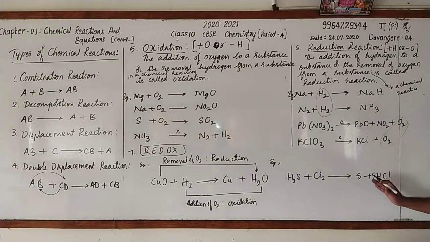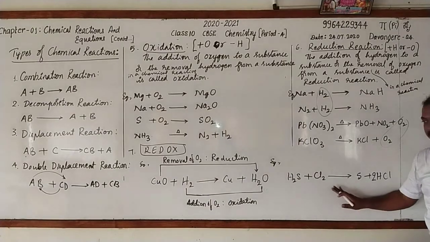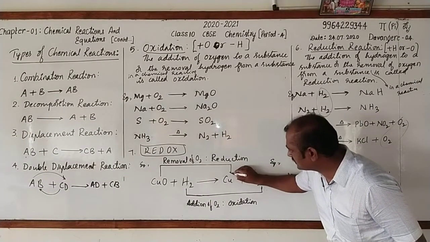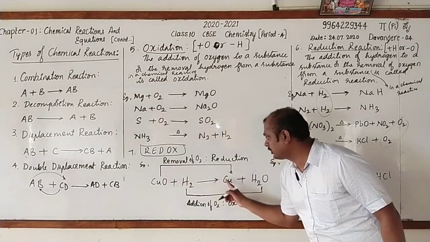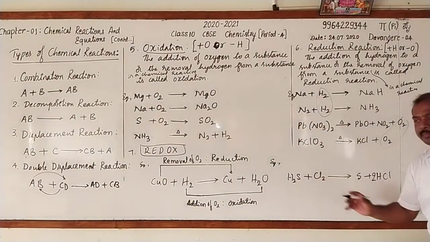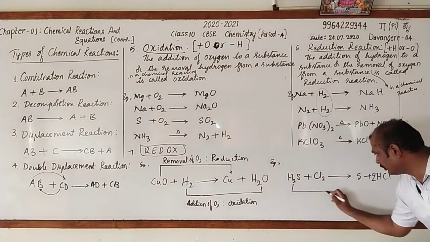Now, let me go for explaining this. Here also you can identify which is oxidation and which is reduction. Dear students, you just observe this one, and here just a small correction. Oxygen is removed, so copper gets remained. Then in this example, you can come to know that hydrogen is removed.